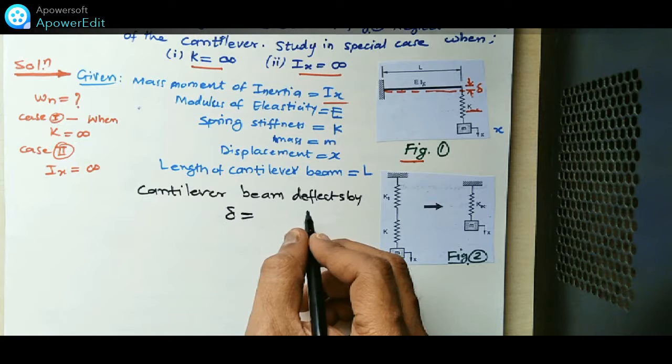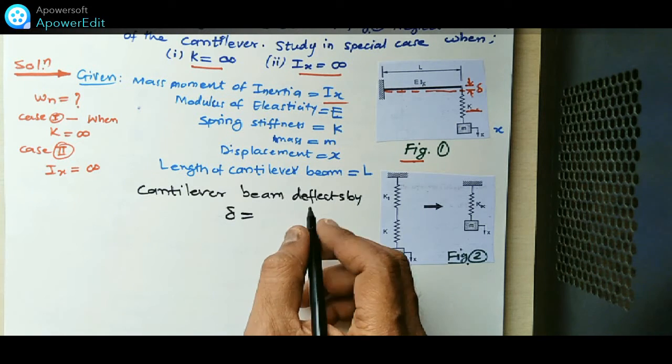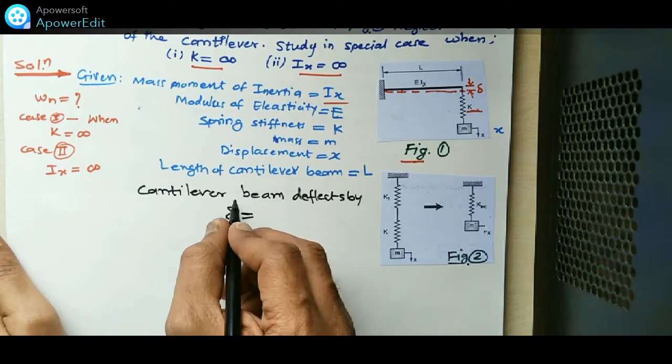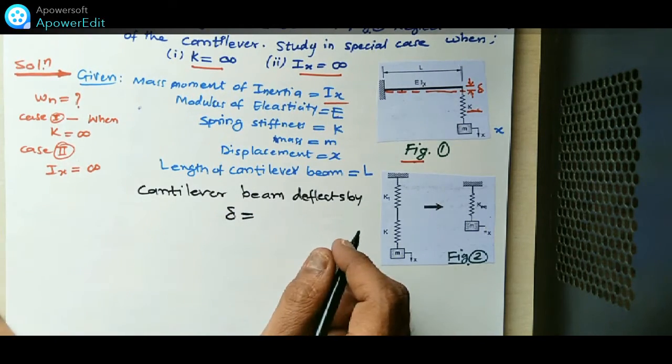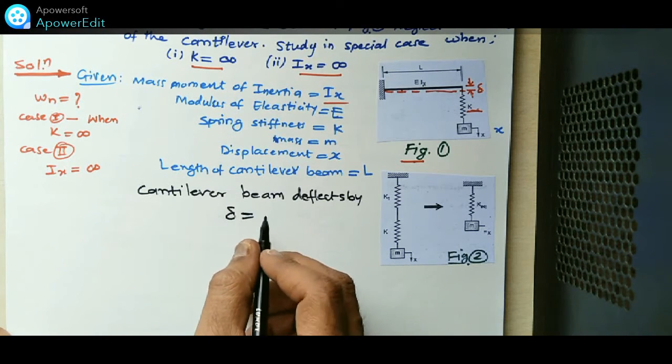We already studied this in the last transverse vibration video. You can see the standard values for the beam in various cases and conditions. The value of delta is also given in tabular form.